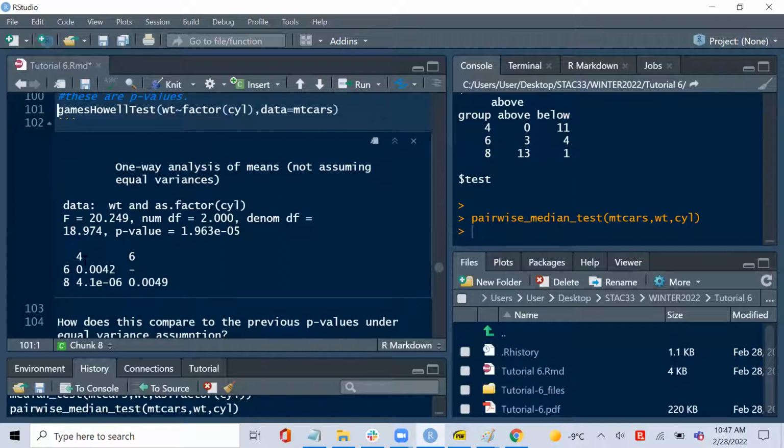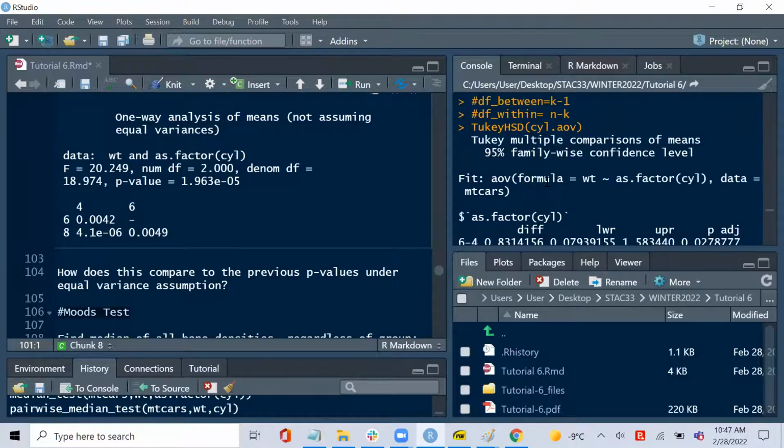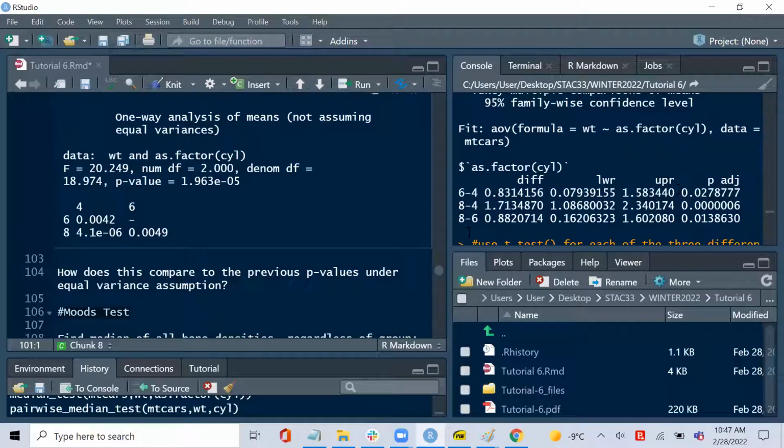But the difference between 4 and 6 and 8 and 6 is certainly less significant than 4 and 8, which we expected, because if you look at the box plot, you can see that 4 and 8 is probably quite wide, right, in terms of the difference between each other. But you can see that all these p-values especially are a lot bigger than the previous ones, I believe. Let me just double check. Here they are. So 4 and 6. Yeah, you can see that they're almost twice bigger, right?